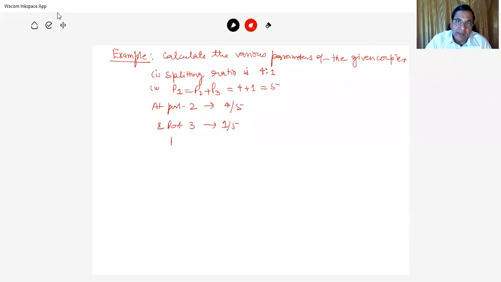And at port 4, this is 0. So this is 80%, and here it is 20%.